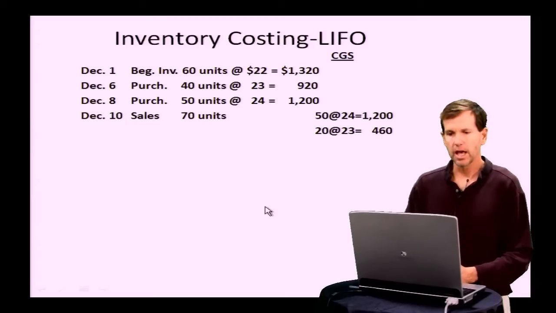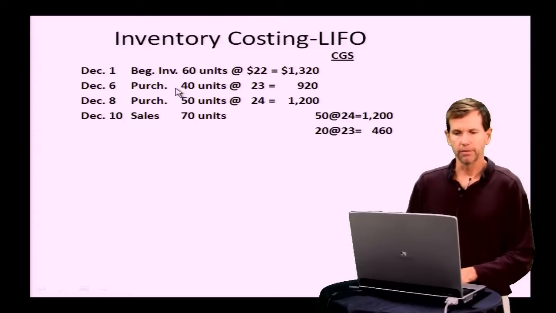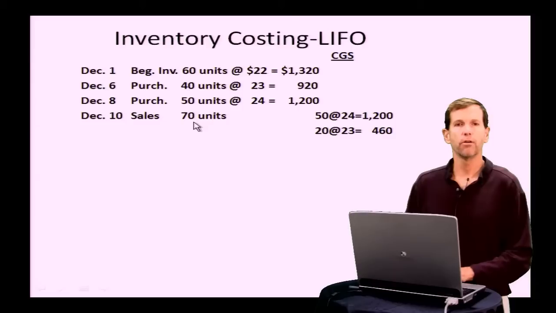And you see on the slide here, I went ahead and drew out our beginning inventory, our first two purchases, and right on down to the sales of 70 units. Since we're assuming the last in are the first out, we're assuming that we're selling the 50 last units that cost us $24 first.